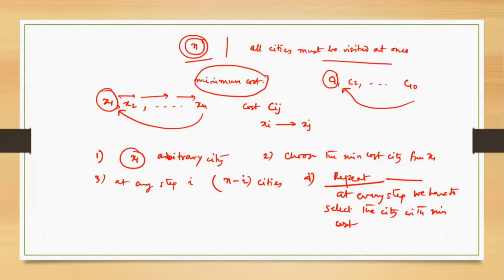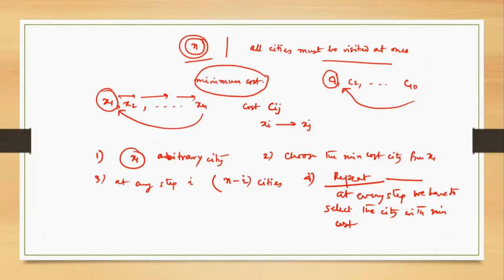The method is repeated until all the cities are visited, and at every step we select the city with minimum weight.